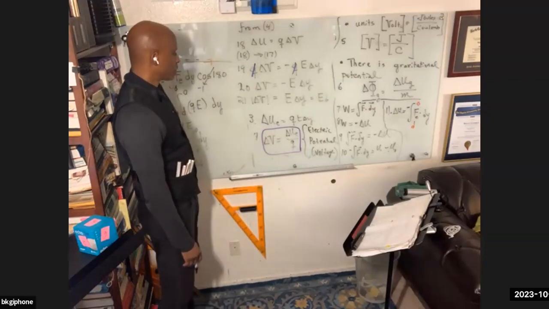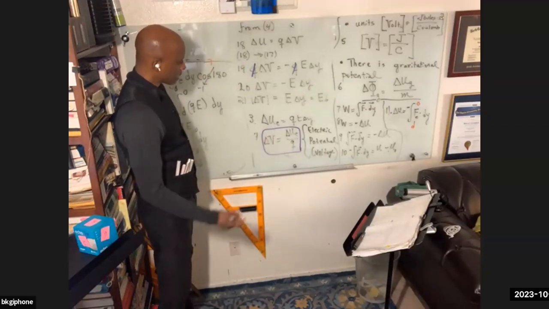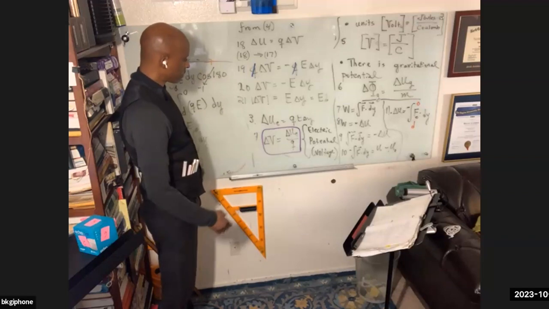So delta V is equal to the field times the displacement.